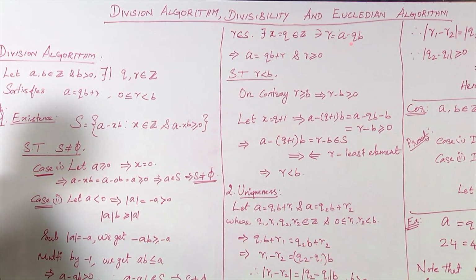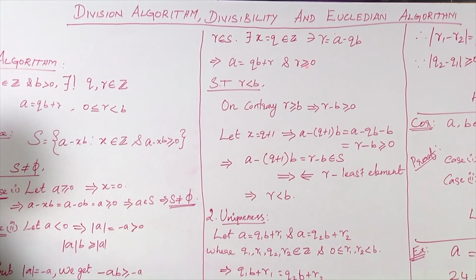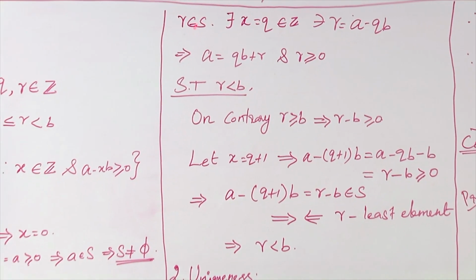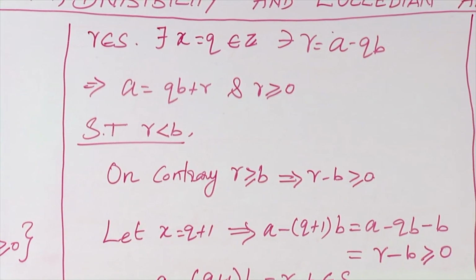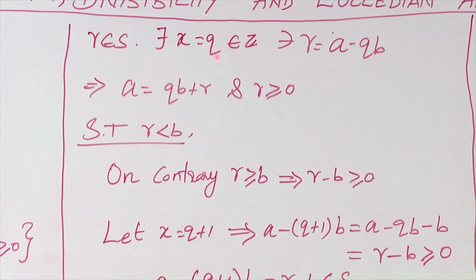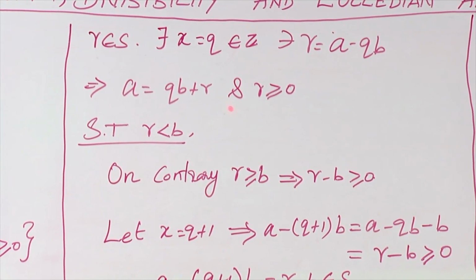So, here a is equal to qb plus r, and r is greater than or equal to 0 because r is there in my set S. Therefore, now we proved the existence of r and q. a and b are already known to us.